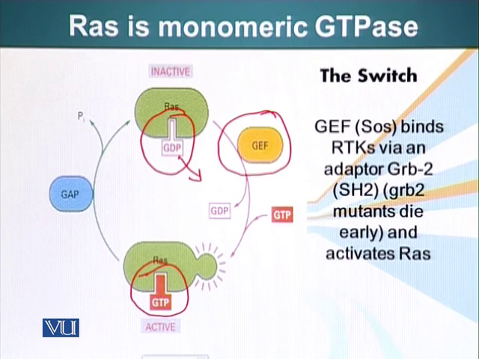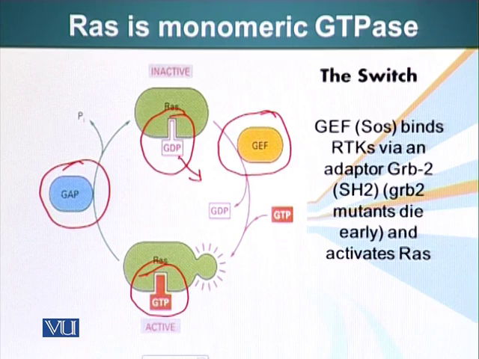RAS needs help from another molecule called GAP to hydrolyze GTP into GDP so the switch is back in the off state. GAP stands for GTPase activating protein that enhances RAS's intrinsic GTPase activity and causes it to hydrolyze GTP into GDP and become inactive.